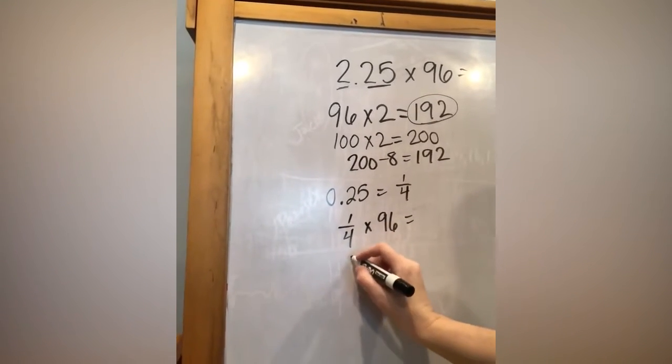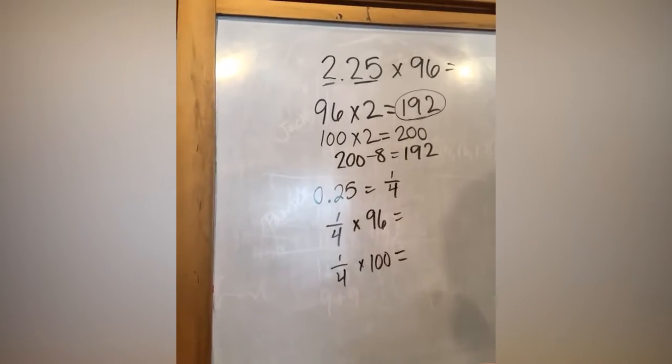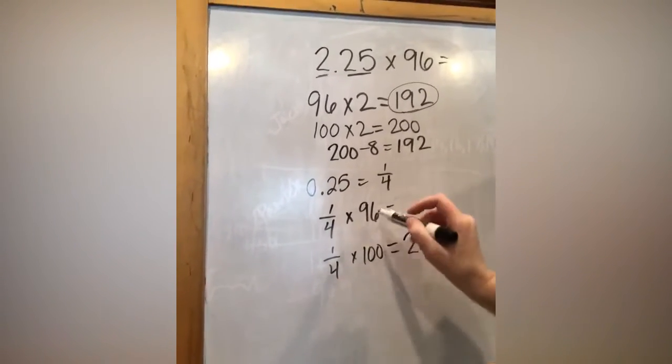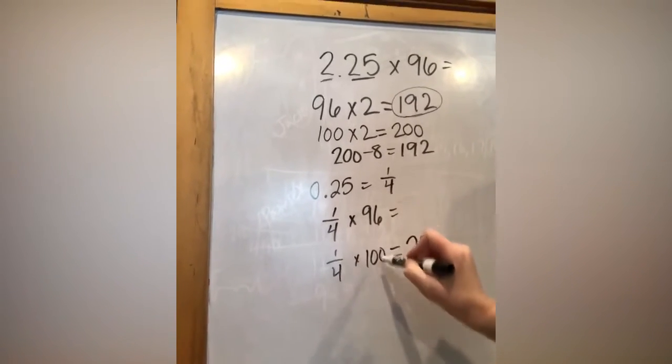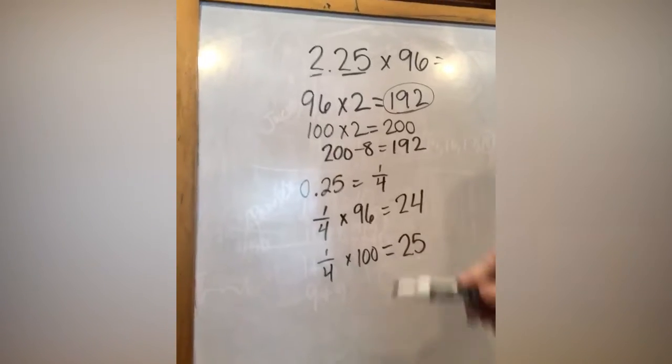So I know that 1/4, again, I'm going to put it equal to 100 because that's a little bit easier to do mentally. 1/4 of 100 I know is 25, and since 96 is 4 less than 100, I know that 1/4 of 96 must be 24.